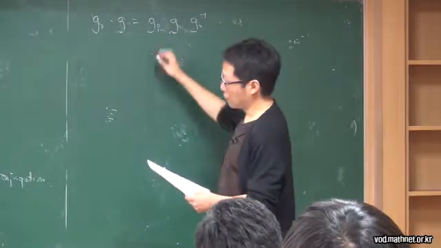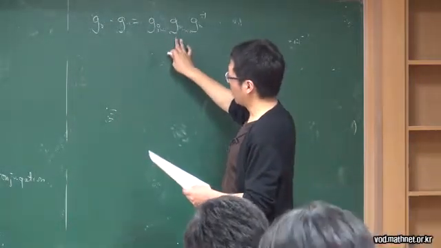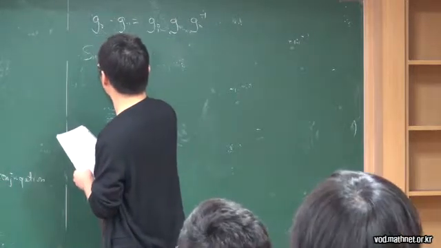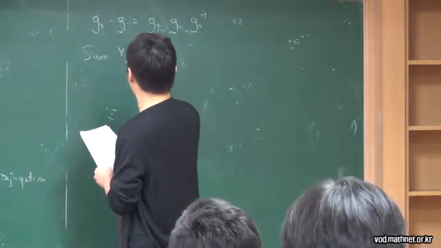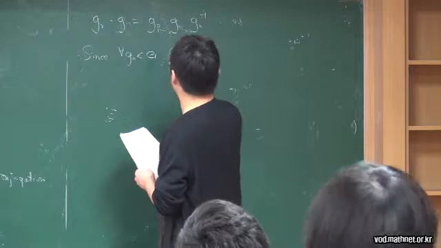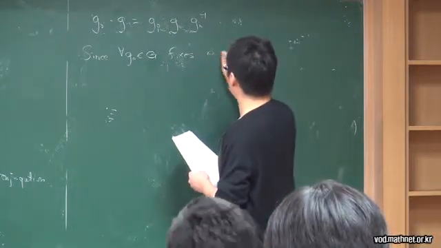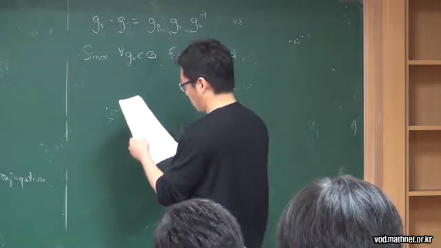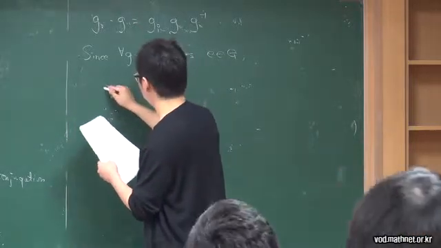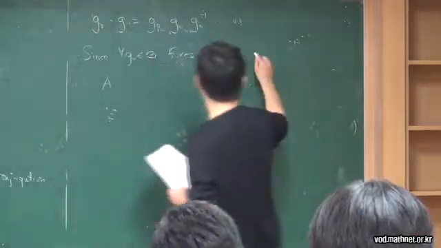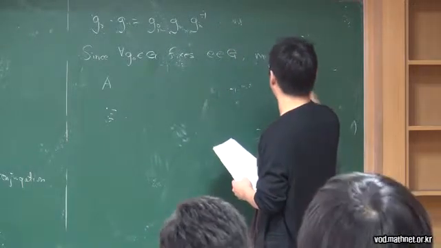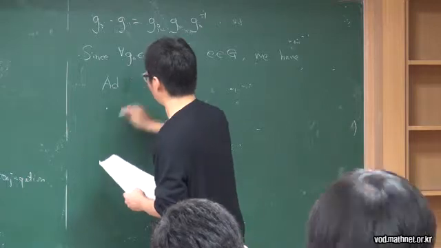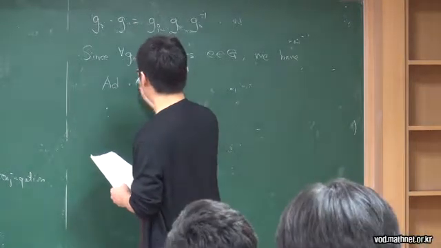Then, of course, this action fixes the identity. Since every g0 fixes the identity, we have the representation of G, which is called the adjoint representation.